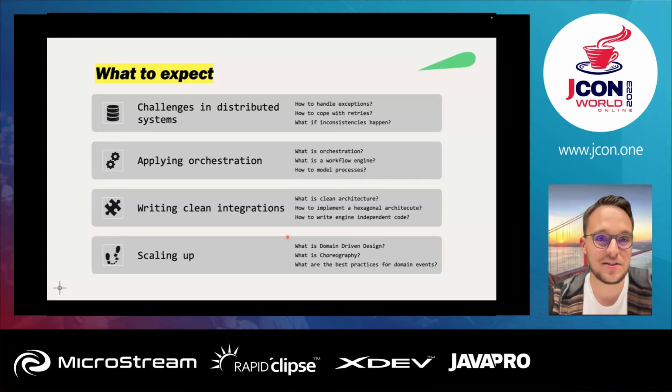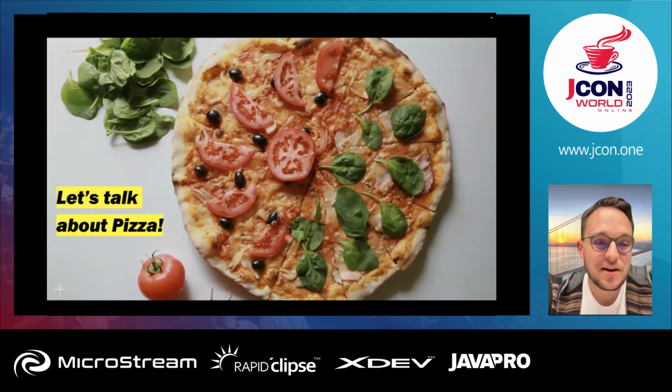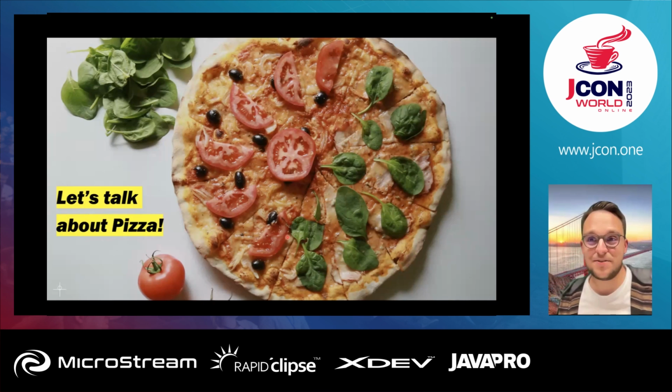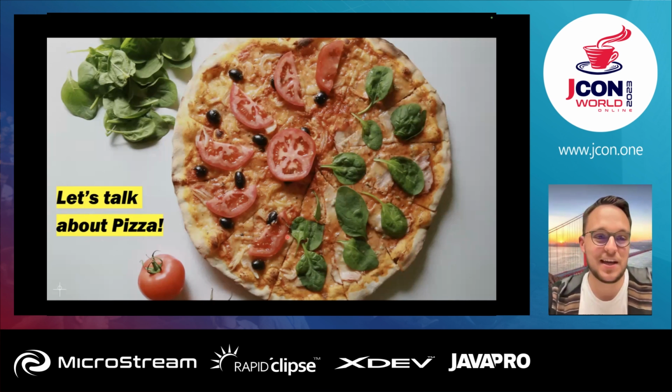So let's dive into the challenges right now. To set the scene, we'll talk a little bit about pizza. Hopefully you have eaten already for dinner or lunch or whatever. Maybe afterwards you'll need to, because the showcase I brought today is kind of food-centric. We'll talk about a restaurant which serves pizza, cheeseburgers, hamburgers, whatsoever.